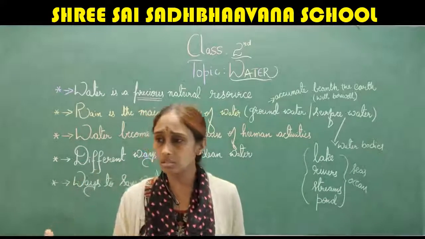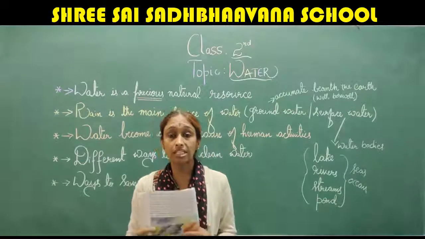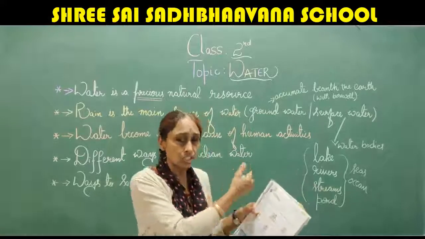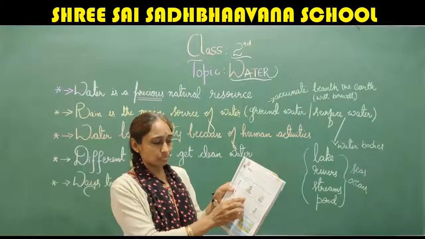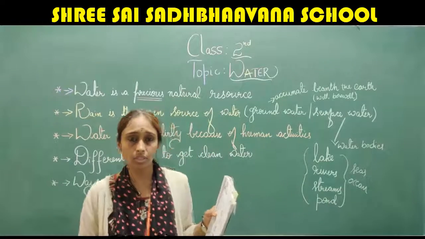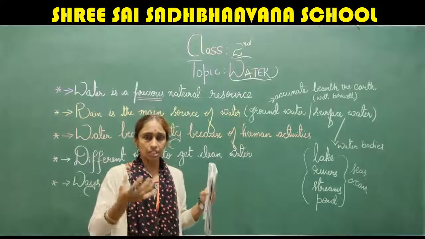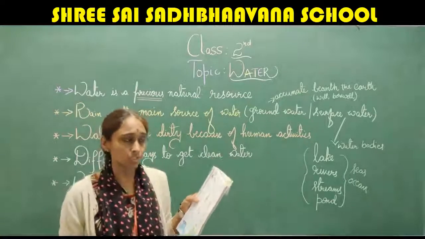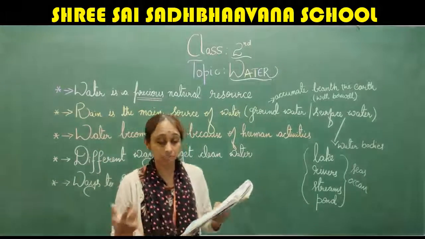If we bathe using the dirty water, we will get some infections. Here I can say, if we drink dirty water, we will get upset. If we use this dirty water for cooking, what will happen? Again, our stomachs will get upset. And bathing with the dirty water, we will get some infections.